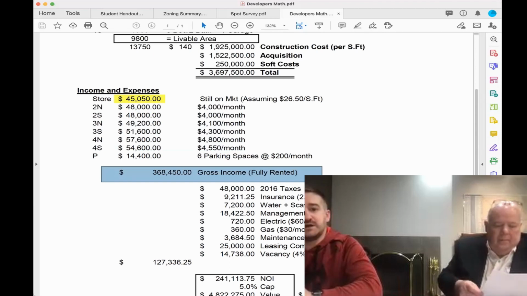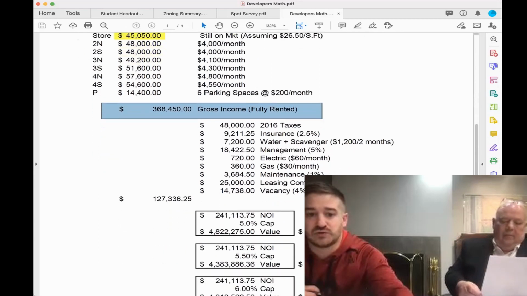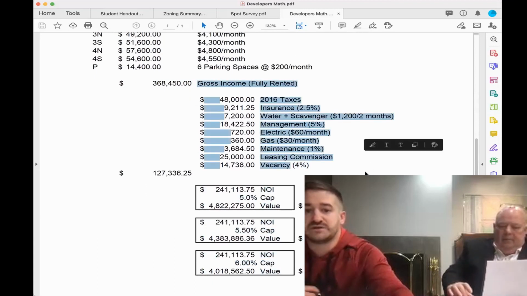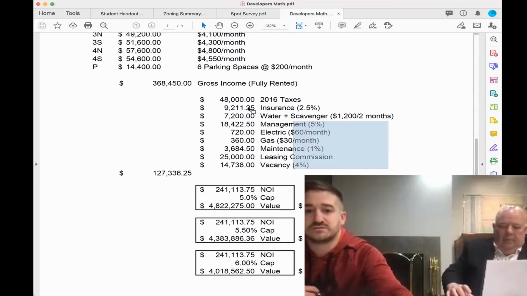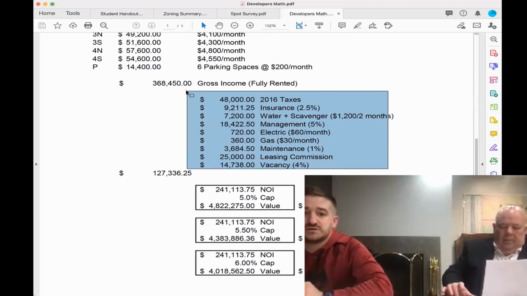And then the developer will look at all of the expenses that go into this property. So you always have taxes, you have insurance, you have water and scavenger, you have usually a 5% management fee to manage the building, common area electric and gas, we say 1% on maintenance for the year.